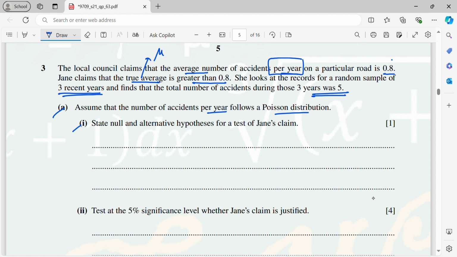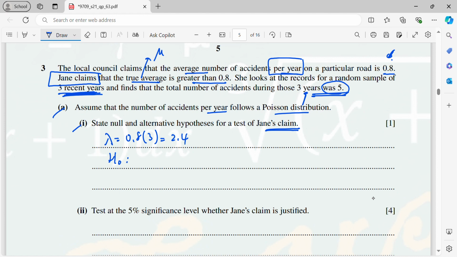First part, state an alternative hypothesis for a test of Jane's claim. Now look at Jane's claim. Jane claims that for 3 recent years, it was 5 accidents. That means our H naught cannot be based on 0.8, right? So you have to convert to 3 years. 0.8 per year, for 3 years will be 0.8 times 3, that is 2.4.